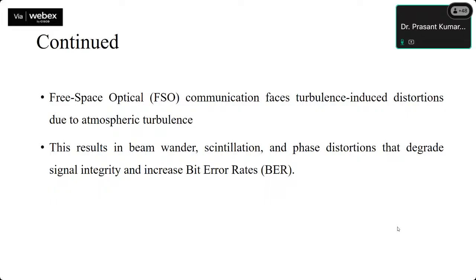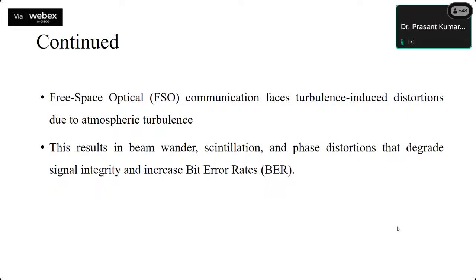This turbulence also results in beam wander, scintillations, and phase distortions, which in turn degrade the signal integrity, SNR, and BER. So this requires urgent attention so that when you deploy the FSO, the link is reliable.